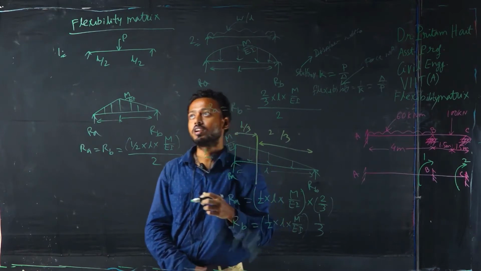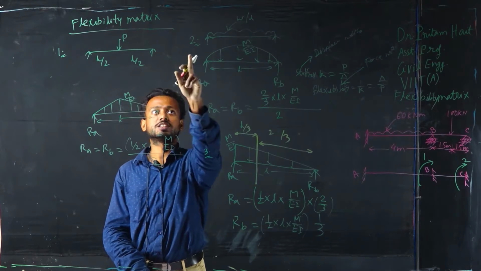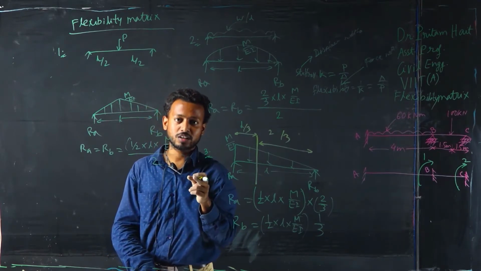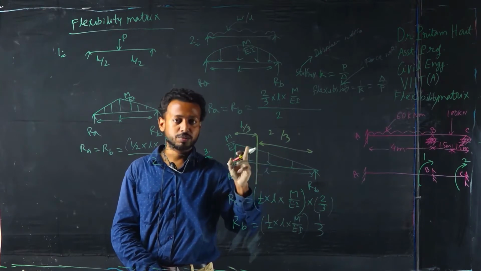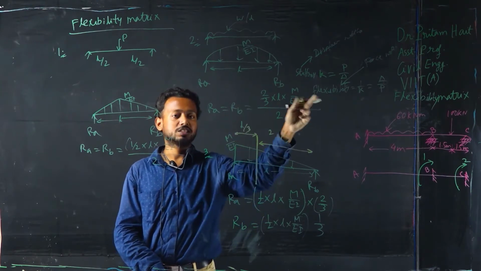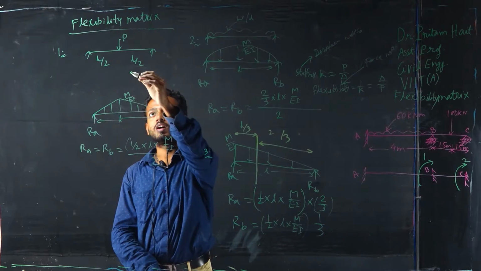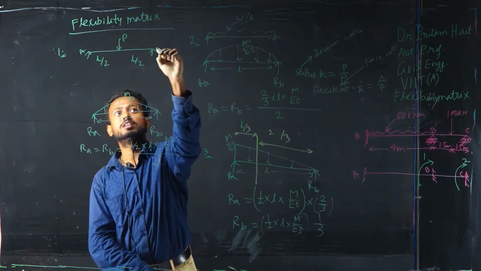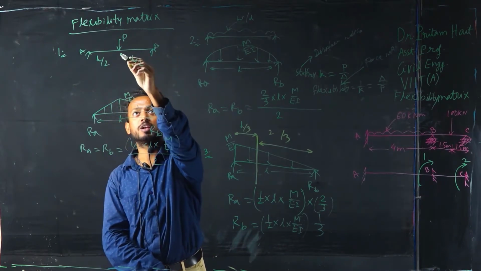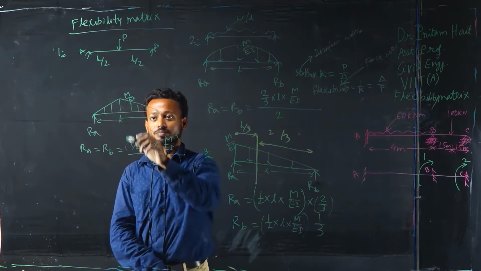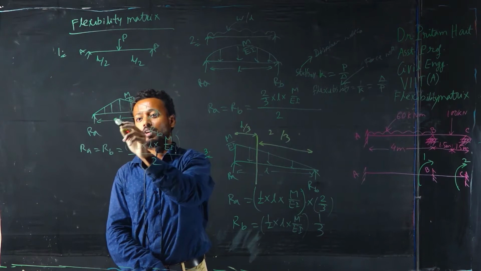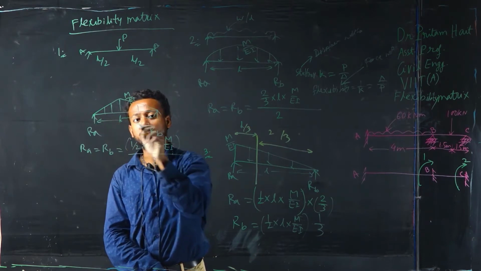Okay. So here I have taken three cases. These cases are important and essential to analyze a continuous beam by flexibility method. So if a span AB is subjected to P at midpoint, the M by EI diagram will be like this. So you have to find out RA and RB.